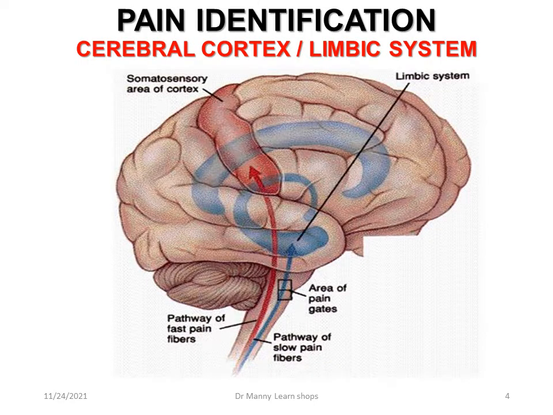Where do we as human beings identify pain? Well, pain in the brain is identified in the cerebral cortex and in the limbic system. The somatosensory area of the cortex and the limbic system receive transmission via the spinothalamic tracts to make us aware that we have pain.